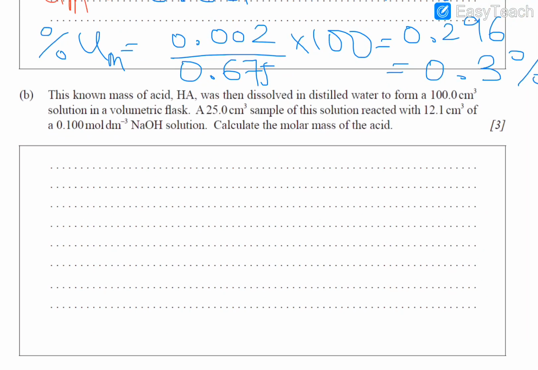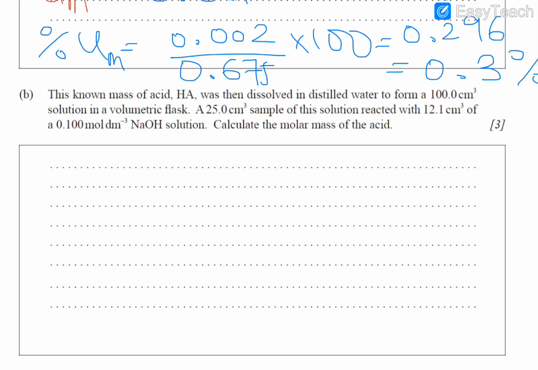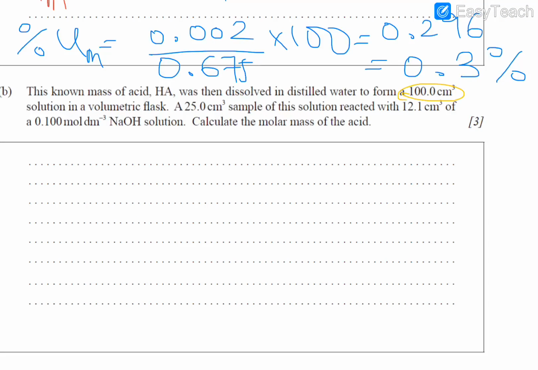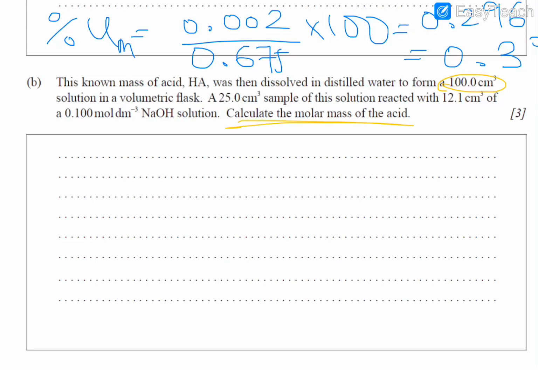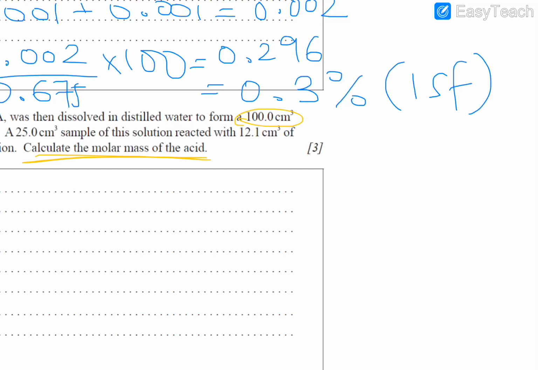Second part, this dissolved to form 100 centimeter cube. You have to find the molar mass of the acid. So to get the molar mass, I'm going to use mass divided by the number of moles. So the mass, I already know it.